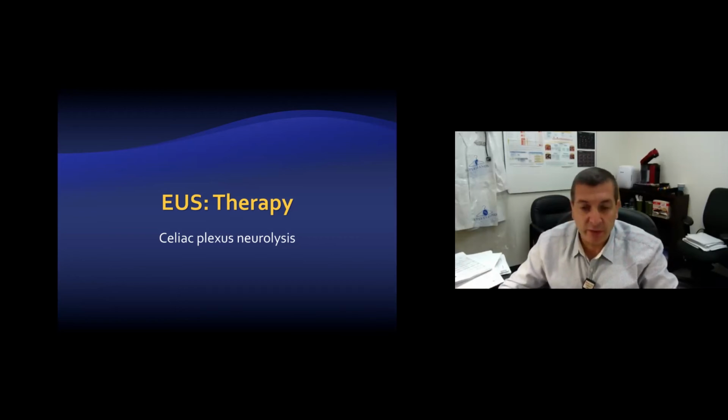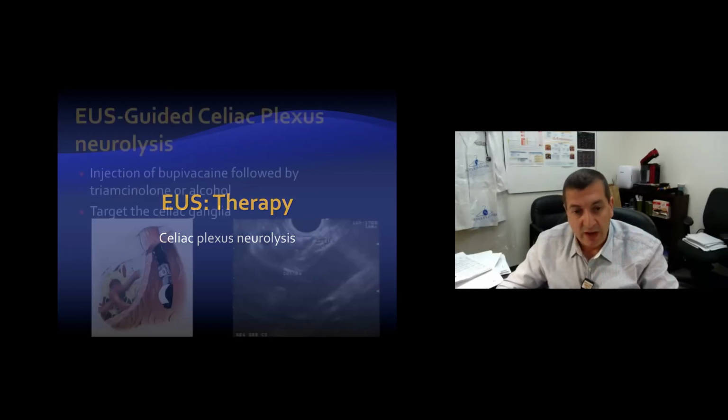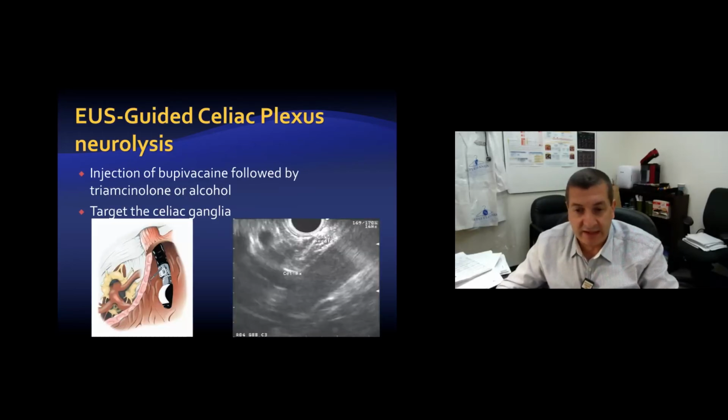The first thing that we can do is celiac plexus neurolysis, and we are one of the different services that provide it. We're not the only service that provides celiac plexus neurolysis. They can do it under CT guidance, and we can do it under EUS guidance as well. For us, it is very easy because at the GE junction area you can actually identify the celiac axis.